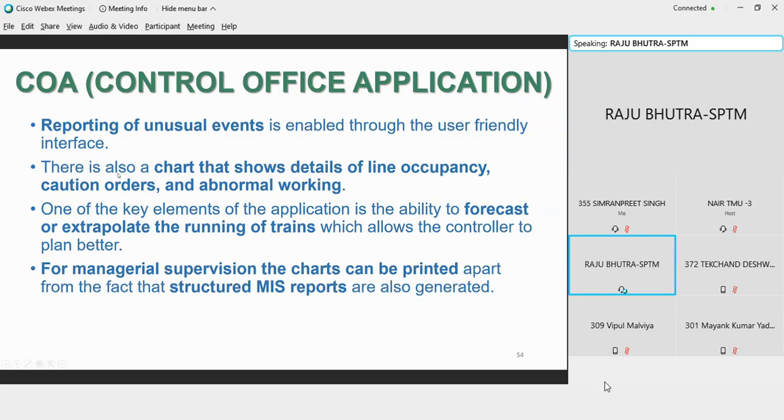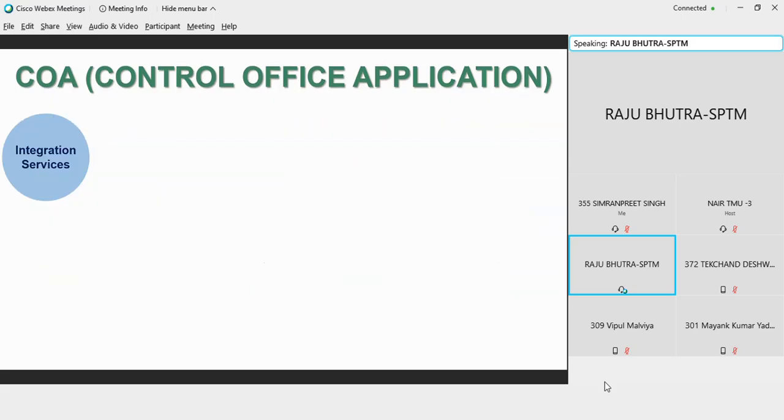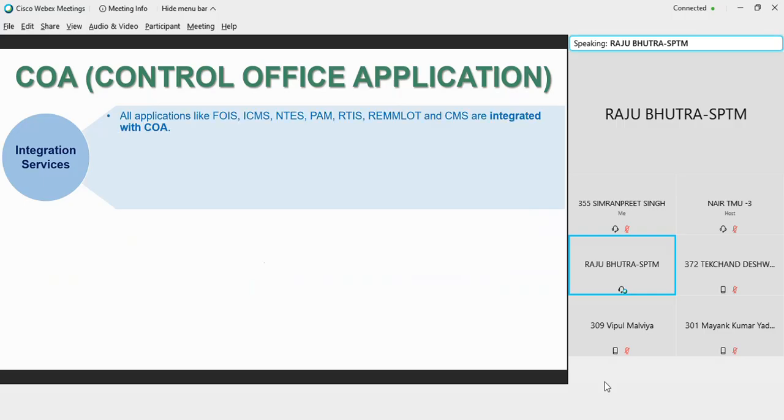Then for managerial supervision, the charts can be printed. There is a facility for printing of the charts also, and structured MIS reports can also be generated. COA has been designed to facilitate its integration with other applications. What are the integration services?